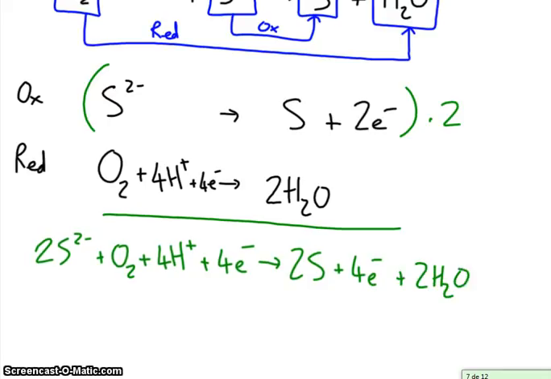That is now adding everything I had before together. What can I cancel out in that equation now? The electrons. That's the whole point of this process, to make sure that the number of electrons moving around is the same. That's the most important step.